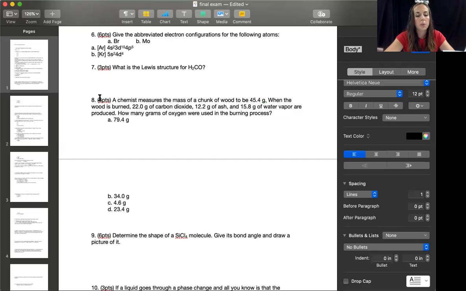So 22 plus 12.2 plus 15.8, that's going to equal 50. So then I'm going to do 50 minus 45.4 because that was the mass of the wood, and this will give me what I had left, which would be the mass of the oxygen. I get 4.6, so the answer is C.